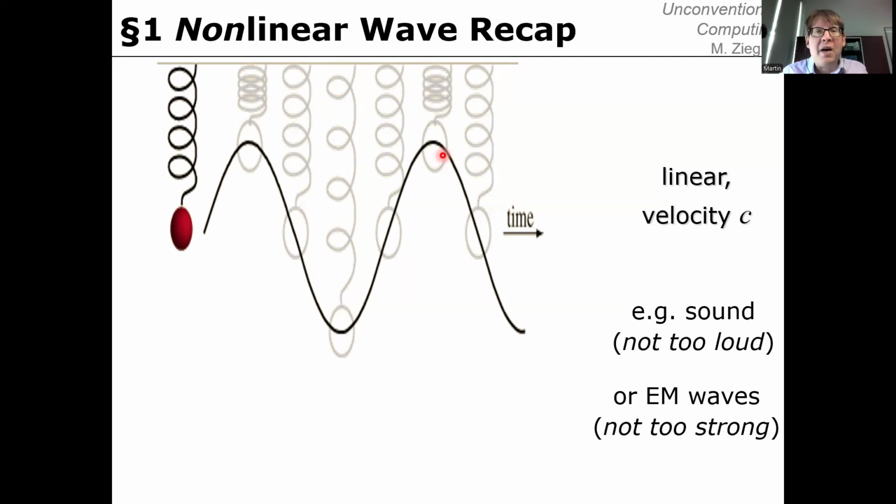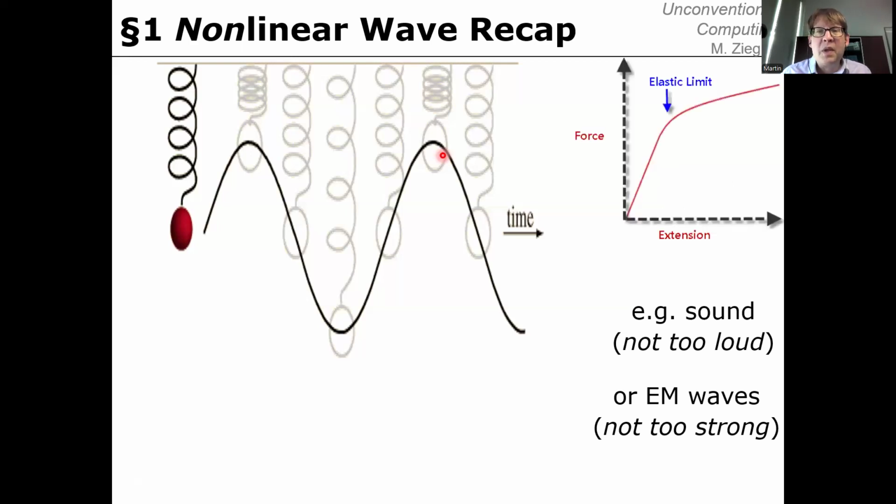If you pull it half as hard, it pulls back half as hard. So this is known as Hooke's law, but there's a limit to it. If you pull too strongly, then the spring starts changing its shape and doesn't return to the original position. This is called the elastic limit of the spring.